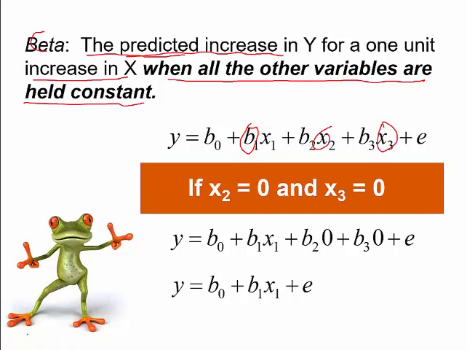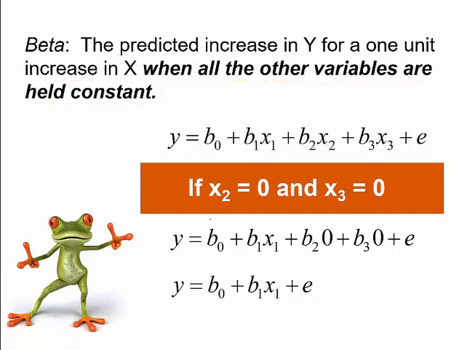And likewise, beta 2, this beta right here, gives us the effect of X2 on Y if X1 and X3 were held constant at 0. In other words, if everyone in my sample had the exact same scores on those variables.